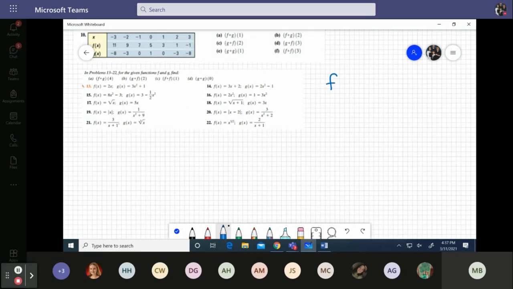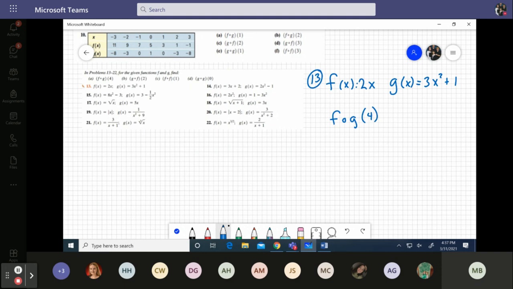I am looking at problem 13. F of x is equal to 2x and g of x is equal to 3x squared plus 1. I want to know what is f of g of 4.